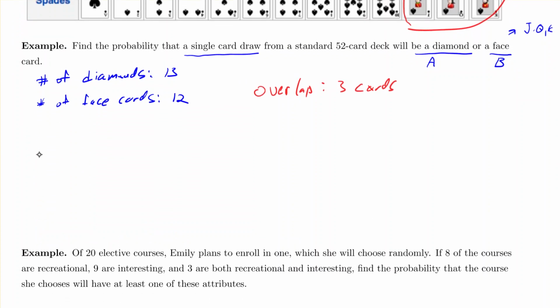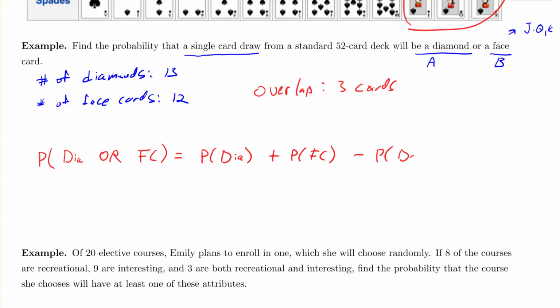So probability of diamond or face card, let's call it FC, equals probability of diamond plus probability of face card minus probability of diamond and face card, because we can have diamonds that are face cards, as we saw, jack with king.